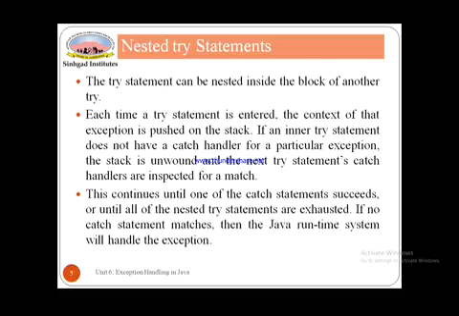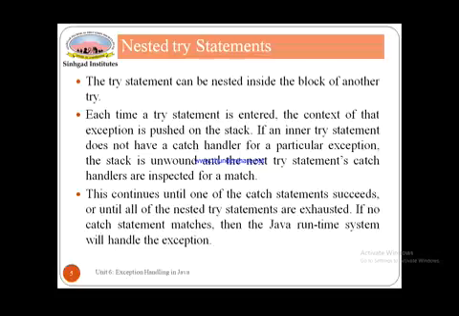Nested try block means that in a try block we again generate another try block, and some exception is generated. The try statement can be nested inside the block of another try. Each time a try statement is entered, the context of the exception is pushed on the stack.